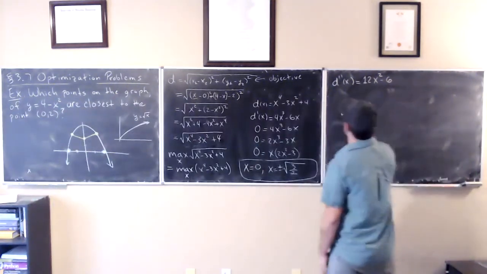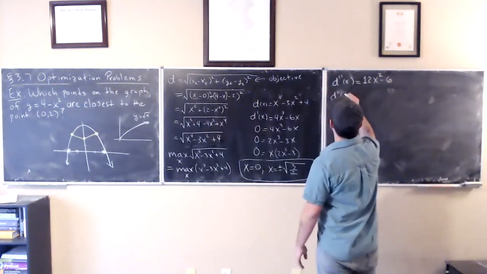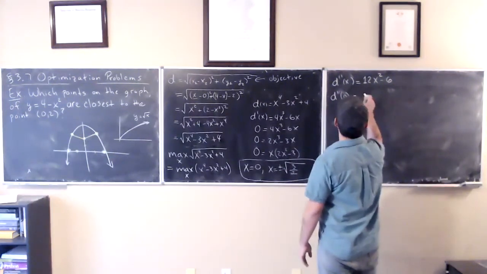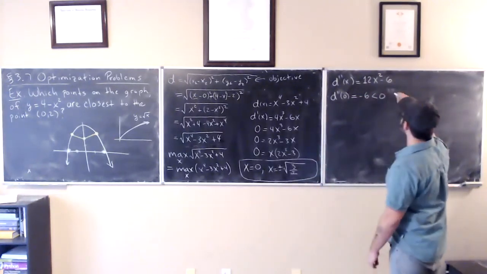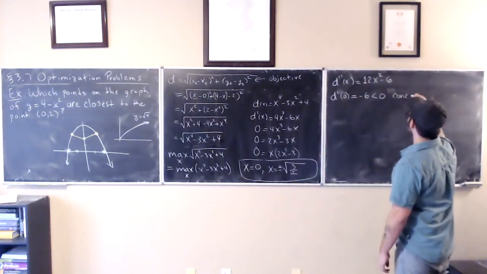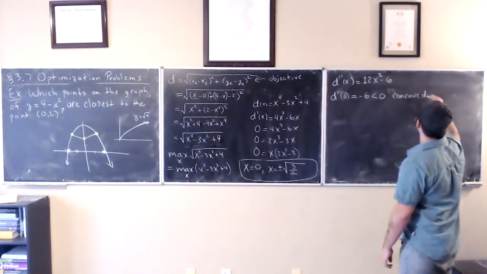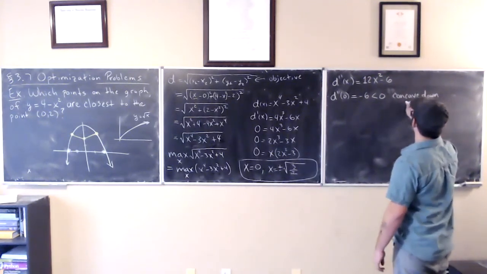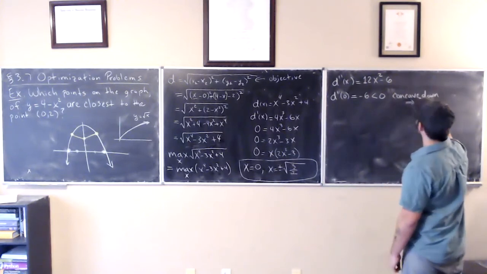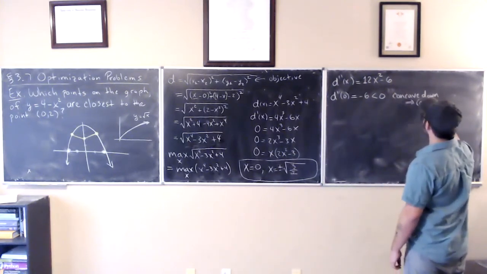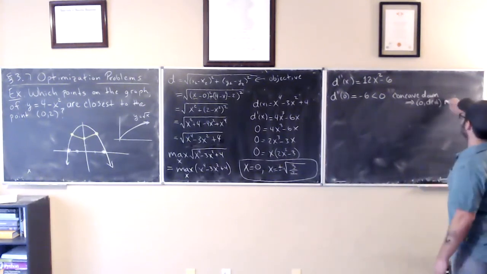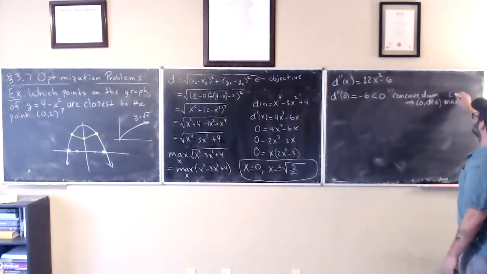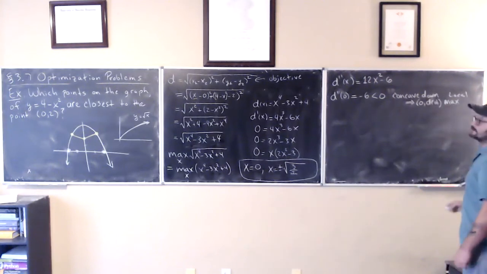So then let's test out. d double prime at 0 is equal to -6, which is less than 0. So we're going to be concave down, which implies 0 comma d of 0 is a maximum, the local max, right?